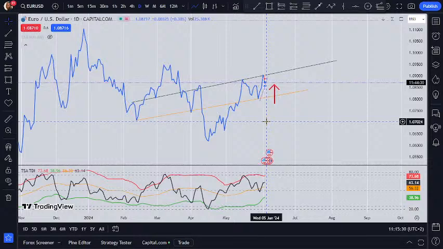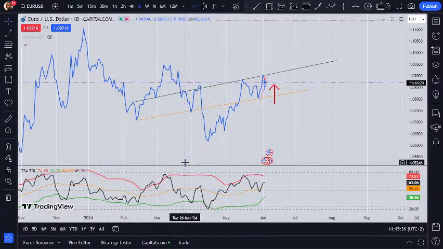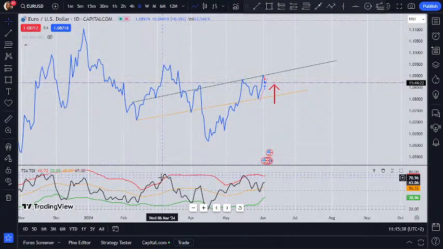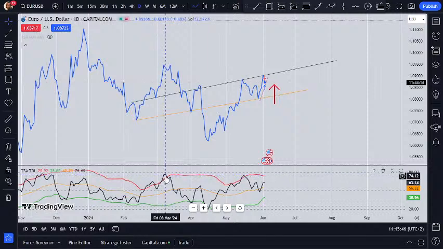I think 2 hour and 1 hour, maybe even the 30 minutes, there was a shark fin. The shark fin is where you see how price is coming away from the Bollinger Bands.